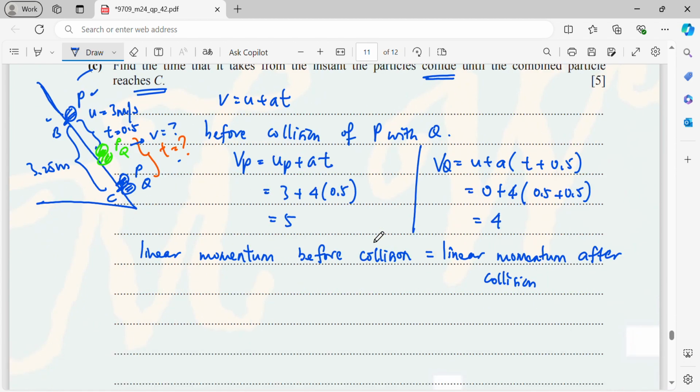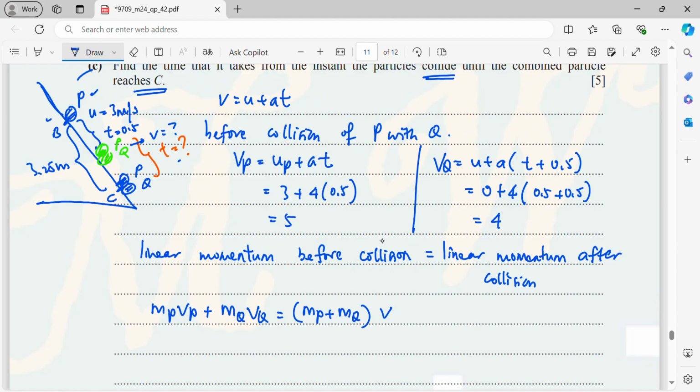Before collision is MP VP plus MQ VQ. Then after collision, both combine together, MP plus MQ traveled with V.